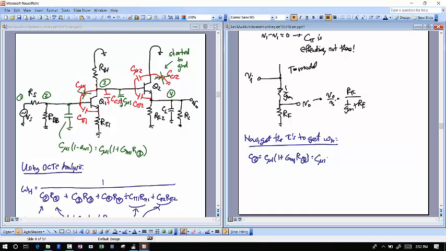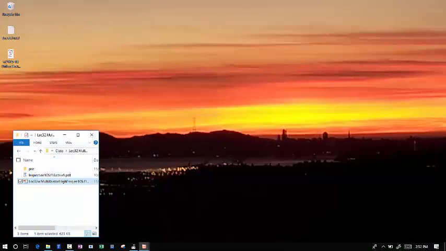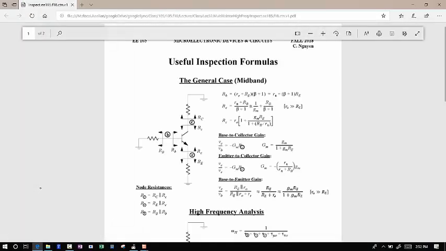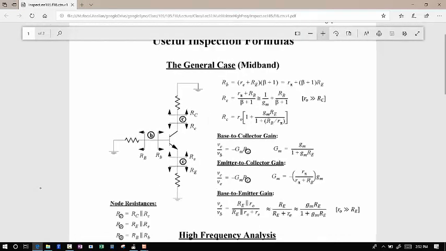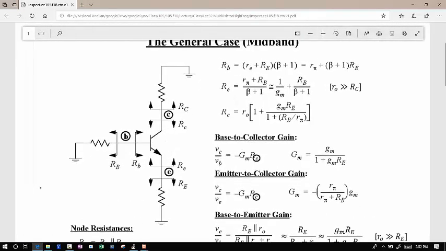That becomes C mu 1 times 1 plus, what's big GM? You should have this in your head. It's this equation. Yeah, you said that, right? GM over 1 plus GM RE.